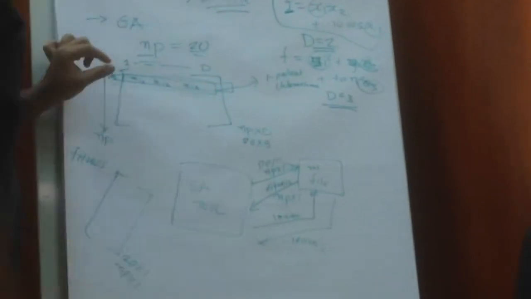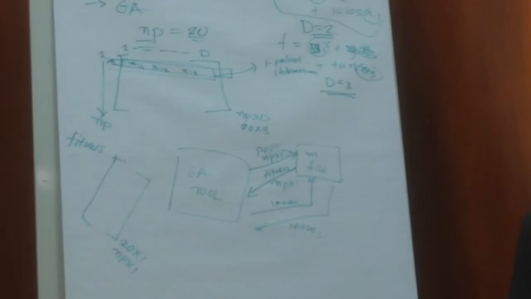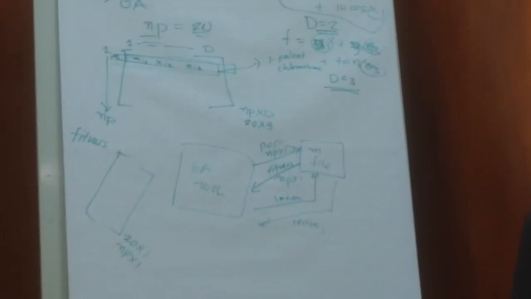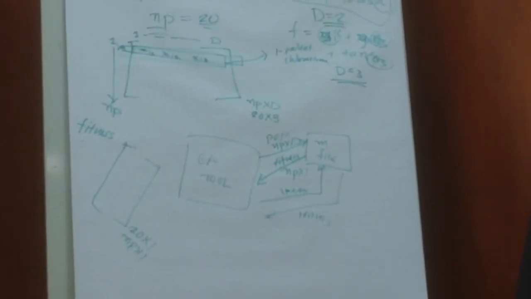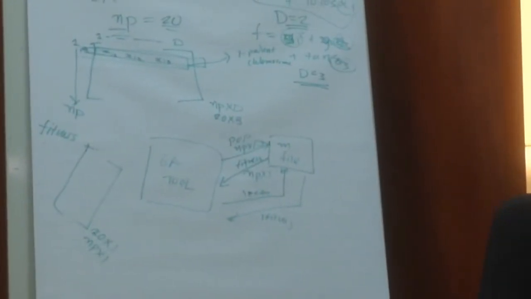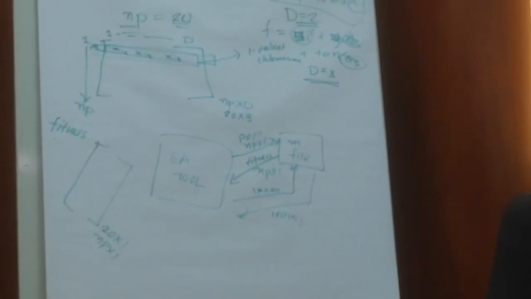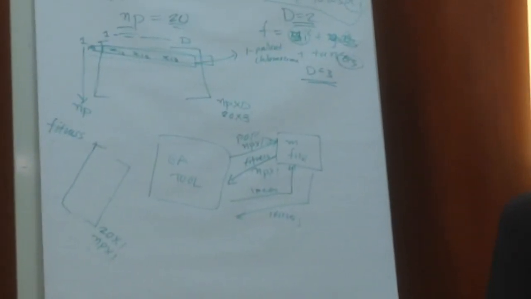I will have 3 fitness functions? Isn't this a problem? No, you will not have three fitness functions. NP is the number. As an example, if we have 20 chromosomes, I will have 20 fitness values. No.